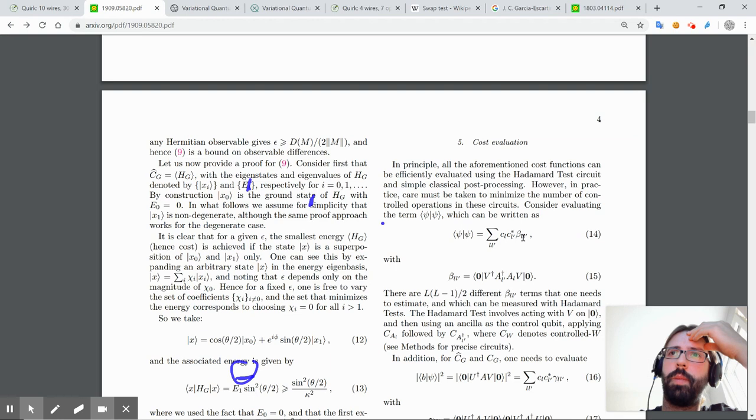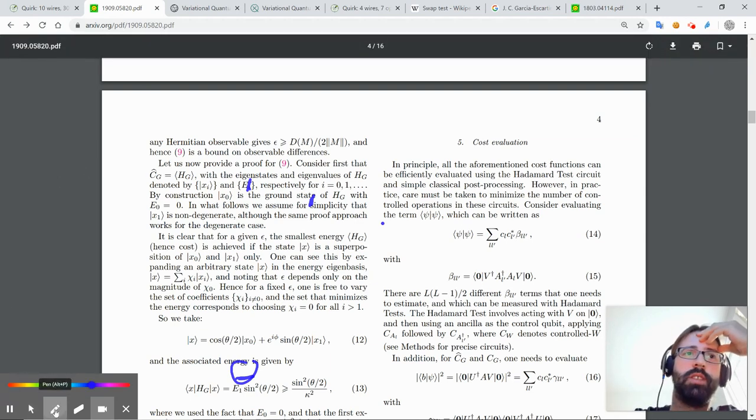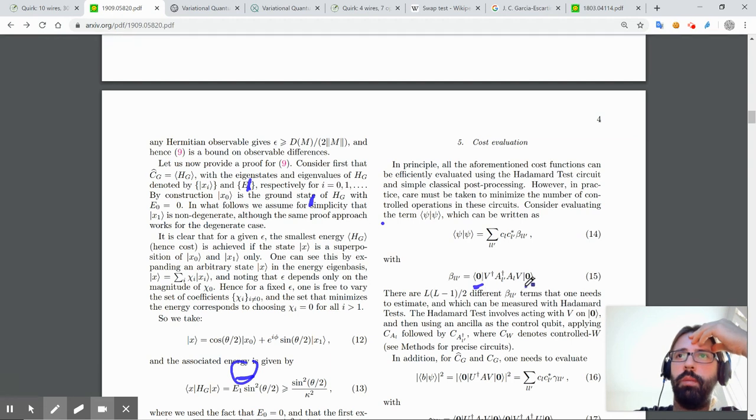And so beta L and beta L prime are the same element in each of the matrices. But the one thing that I don't understand is where the zeros here come from. It's just because it's a zero state.